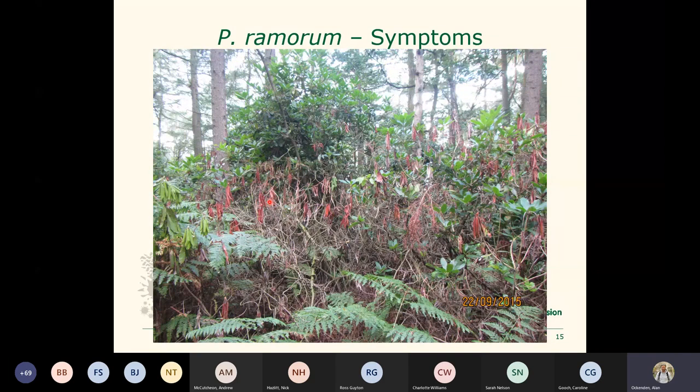Now that retained foliage can be rather waxy in texture, so rather than being crumbly and friable like you would expect a dead leaf to be quite often, these are more like wax-proof paper. And then as we've sort of moved on in the number of cycles here, you can see just on the edge of the picture that wilting and the start of fresh infection in that side of the bush as well. So quite a nice sort of story of the evolution of infection within that bush there.